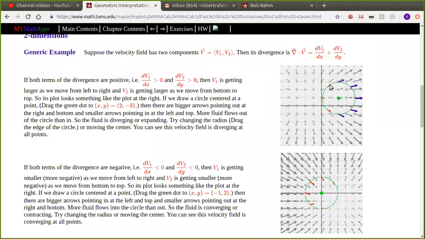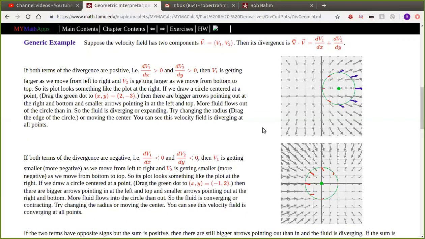If you look at the divergence here, notice what's going on. These arrows represent some sort of velocity field. There are some small arrows representing fluid flowing into this ball, but the blue arrows represent fluid flowing out of the ball. Just eyeballing it, it looks like there's more fluid flowing out of this region than flowing into the region, and that's consistent with the fact that it is a positive divergence.